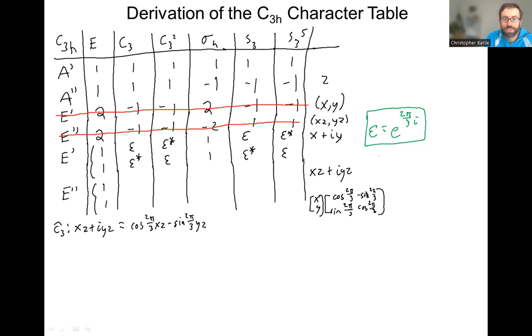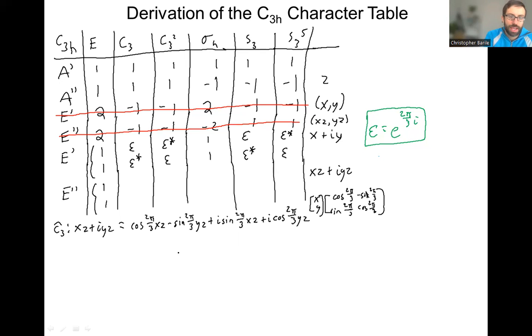Now we have to do the iyz portion of this. So we're going to have plus, and remembering that z didn't do anything, basically we're doing how y transforms times iz. y transforms as sine 2 pi over 3 times xz plus cosine 2 pi over 3 times yz, and I'm putting an i in front, doing the matrix multiplication on this.